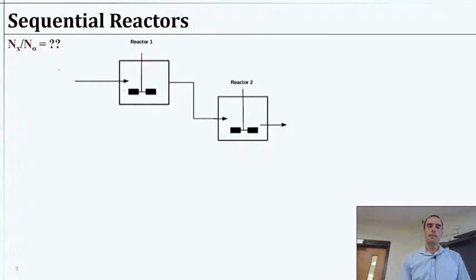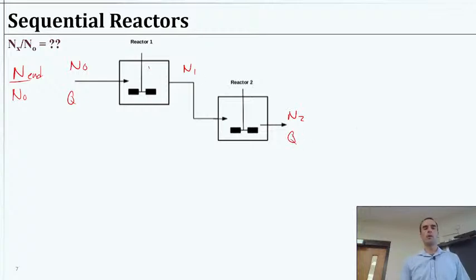So let's imagine we have a couple flocculation basins, or it could be something else. If it's flocculation, we usually care about N naught over N, but in most of our systems we're going to care about maybe disinfection. How many are we left with at the end versus how much we started with, right? So in this case, we'll say we've got N0, N1, N2, and we could add more, but we just have one flow rate going through the system.